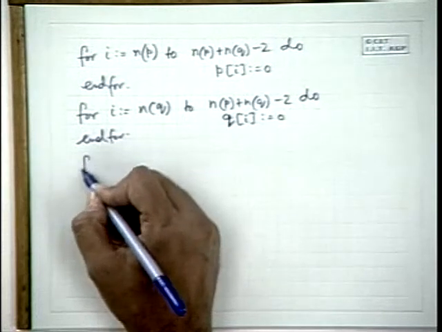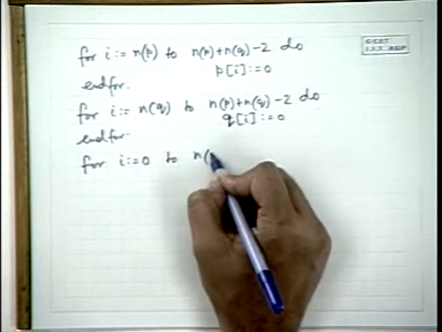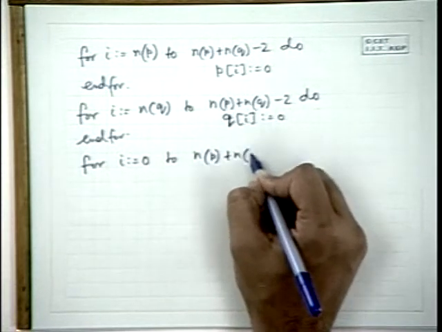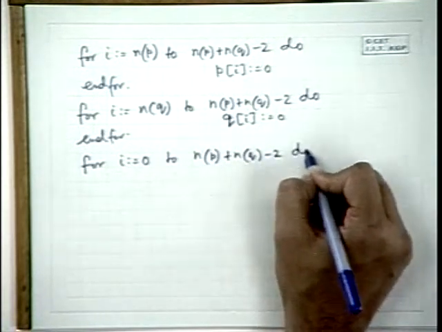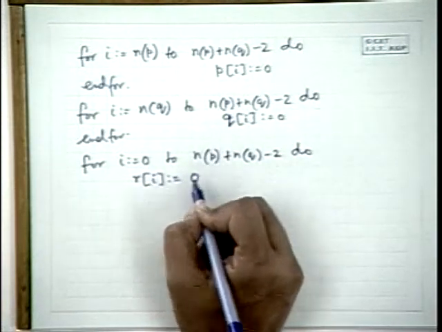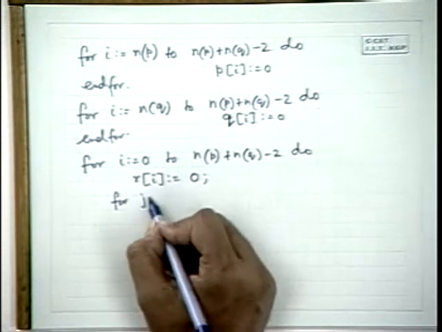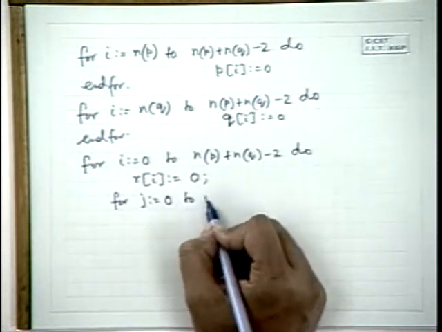Now, here is the multiplication. For i equal to 0 to np plus nq minus 2, do Ri initialized to 0. Now, within that there should be another loop, for j going from 0 to i.